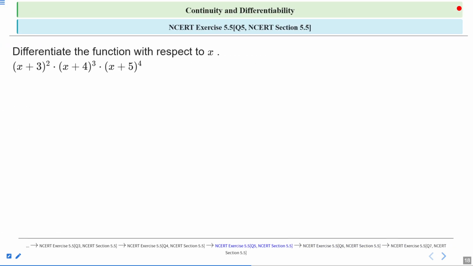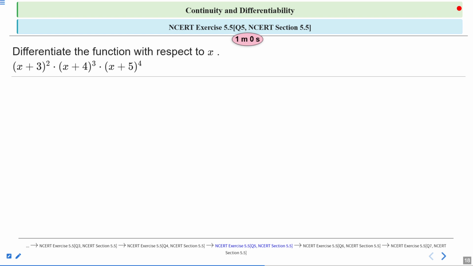Differentiate the function with respect to x, and the function is (x plus 3) square into (x plus 4) cube into (x plus 5) to the power 4, right? We have to differentiate it with respect to x, right? So, you have 1 minute to solve or think about this question.